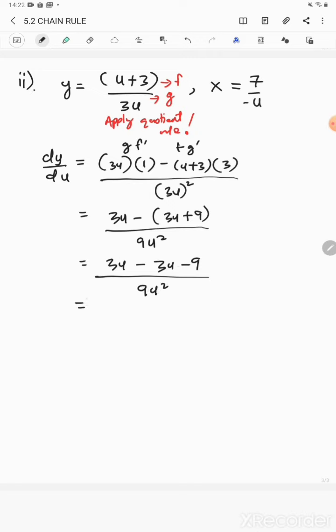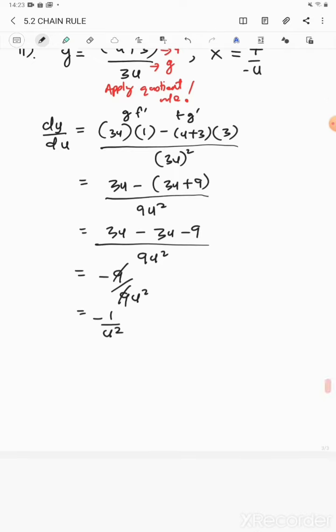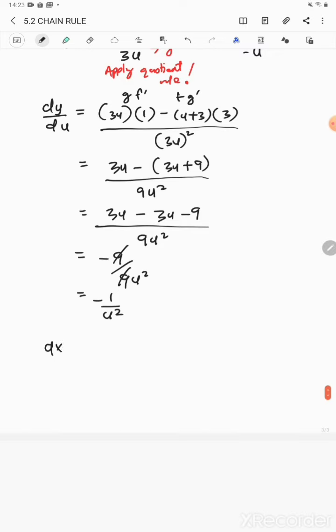So 3u minus 3u, you get 0. Negative 9 over 9u square. So we simplify this one, we get negative 1 over u square. This is dy over du. And then to find x, you have to differentiate dx over du.